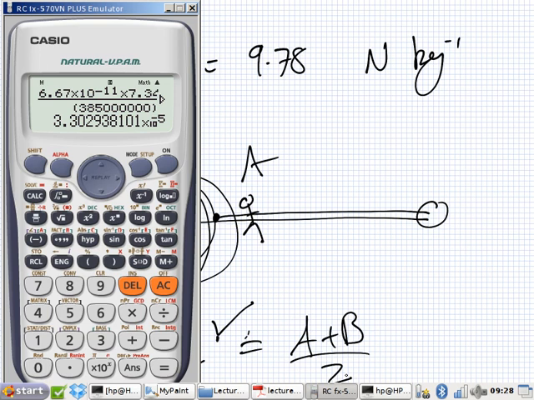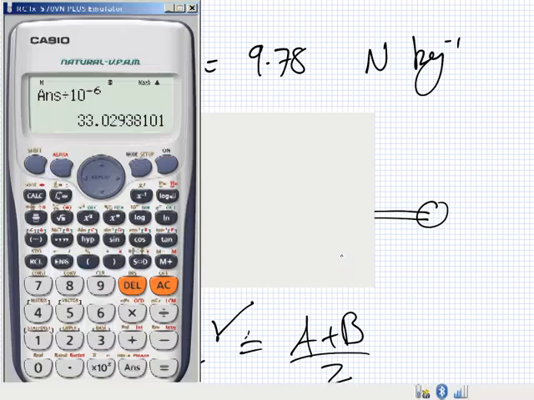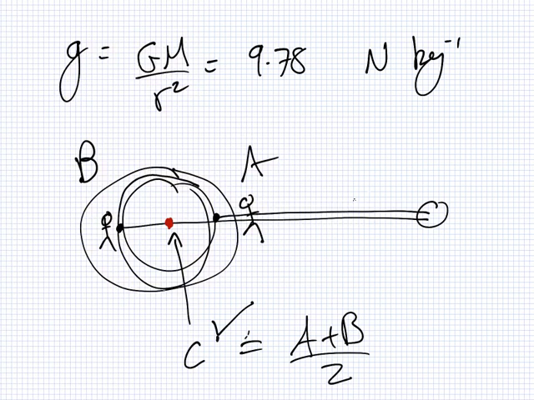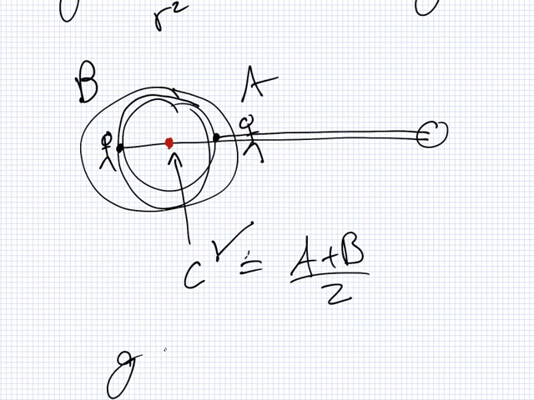Quite small. 33 micronewtons per kilogram is the field strength of the Moon on the Earth.